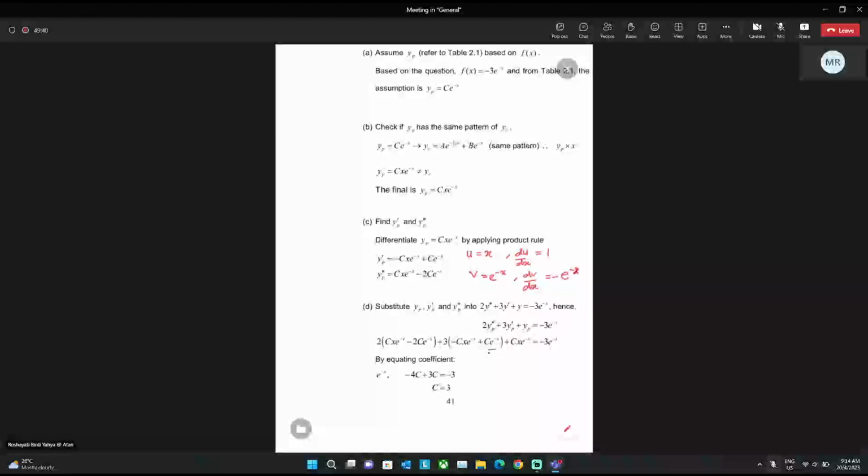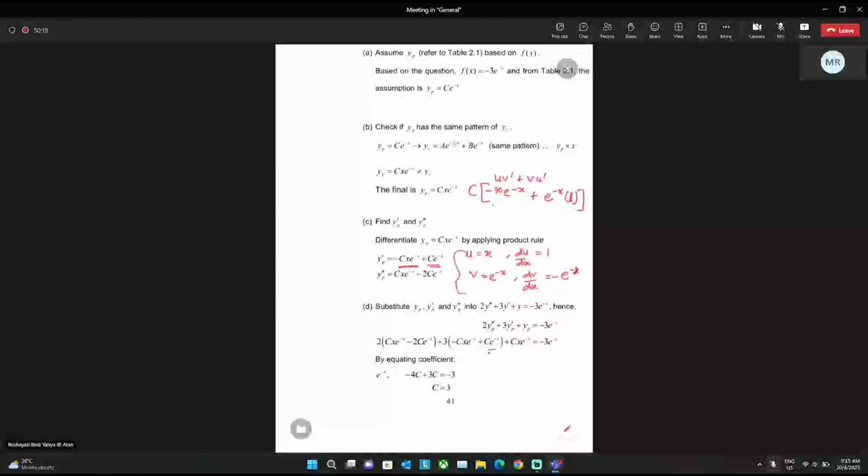And then UV prime plus VU prime. So U is x, V prime is exponential negative x, plus V, which is exponential negative x, times du which is 1. And then C outside. So that becomes like this. And then double prime, the same technique.